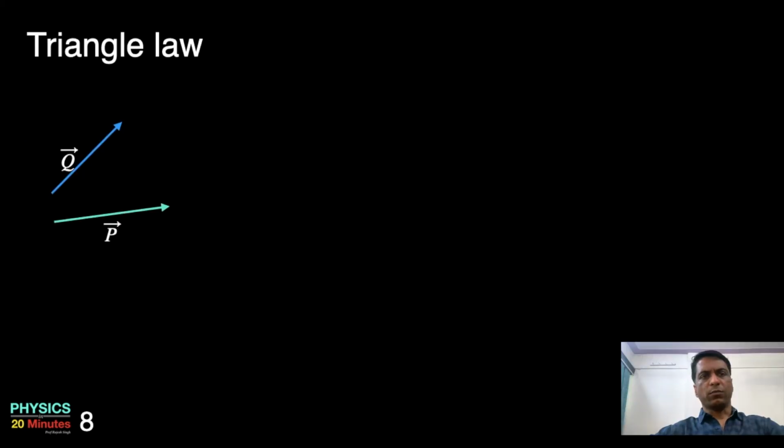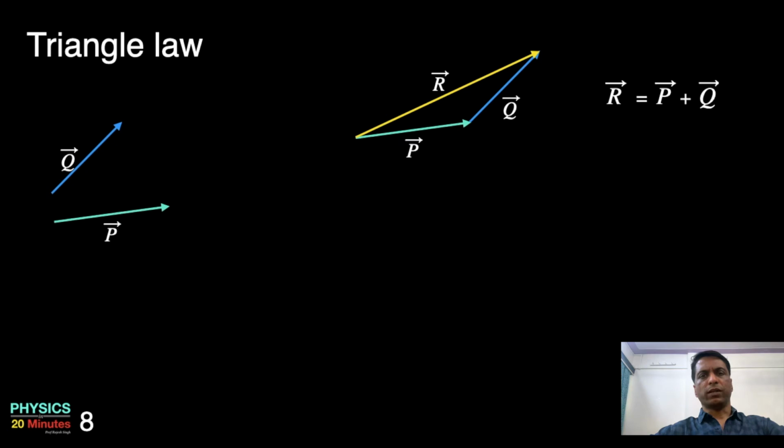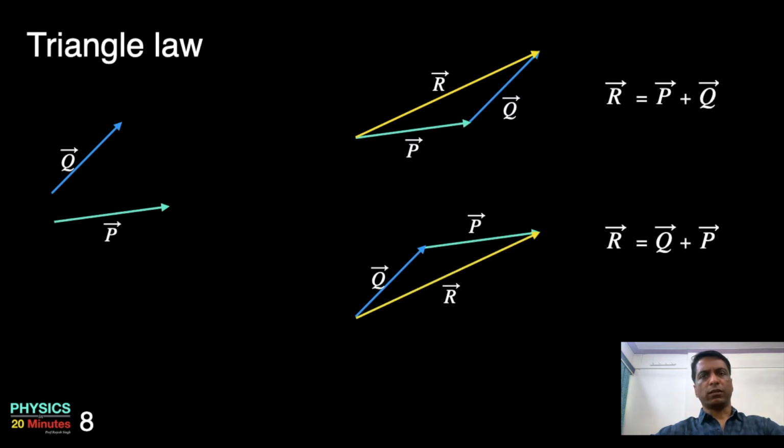The triangle law is commutative. The order of addition of the two vectors does not matter. So in this drawing, P comes first, then comes Q, so vector R is equal to vector P plus vector Q. While if you reverse the order, that is if you draw vector Q first, and on the head of vector Q you draw the vector P, then vector R is equal to vector Q plus vector P. You can see that both the resultant vectors are parallel to each other and they have the same magnitude.